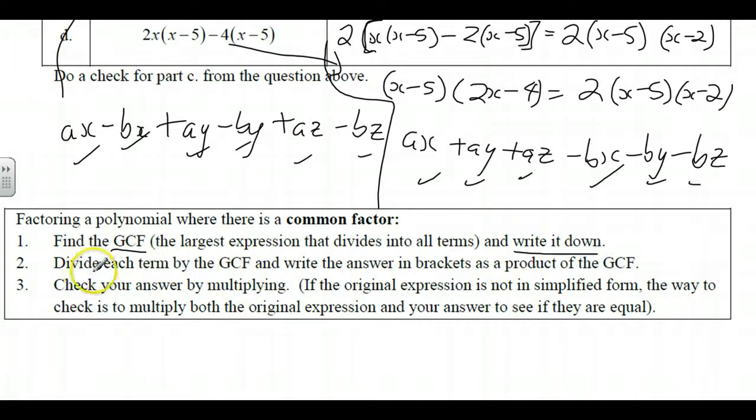Then put down a set of brackets and divide each term by the GCF, writing the answer in brackets as a product of the GCF. Remember, there will be as many terms in the bracket as there are terms in the original expression. Check your answer by multiplying. If the original expression is not in simplified form, the way to check is to multiply both the original expression and your answer to see if they are equal.